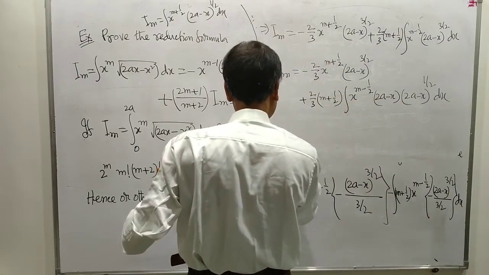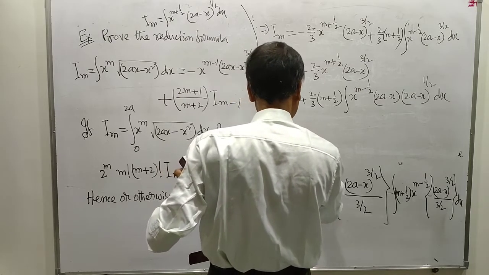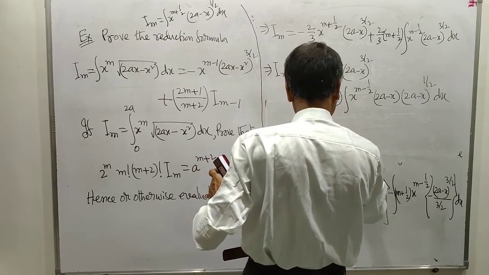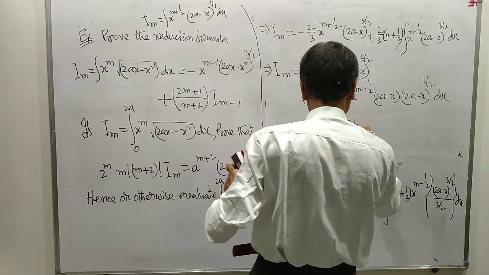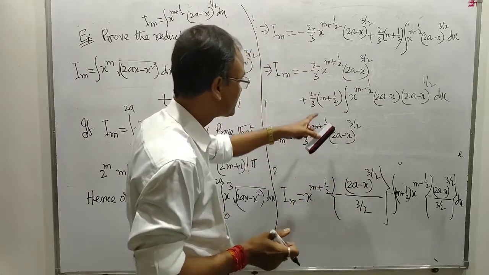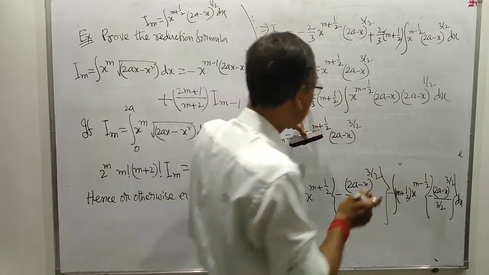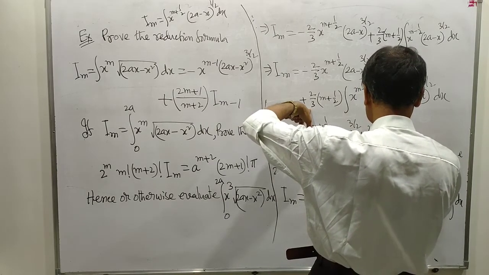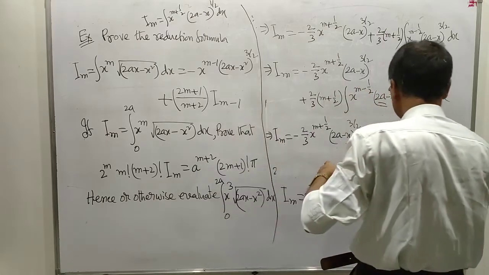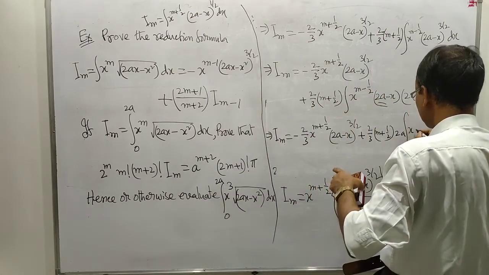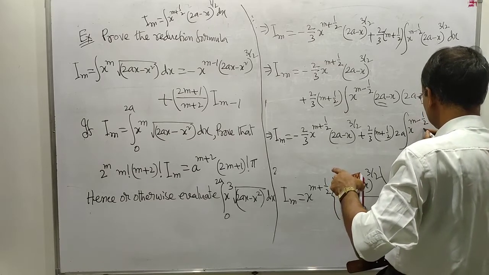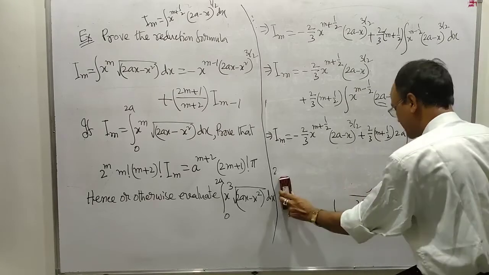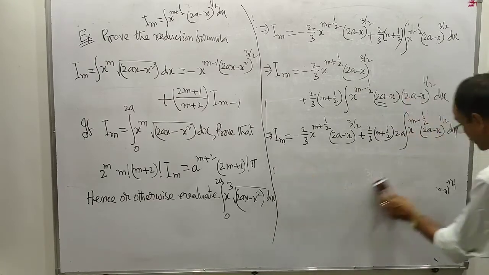This implies I_m is equal to minus 2 by 3 x to the power m plus half, (2a minus x) whole to the power 3 by 2, plus 2 by 3 into m plus half, twice the integral of x to the power m minus half, (2a minus x) whole to the power half dx. The first term has been written. Now, what will be the second term?